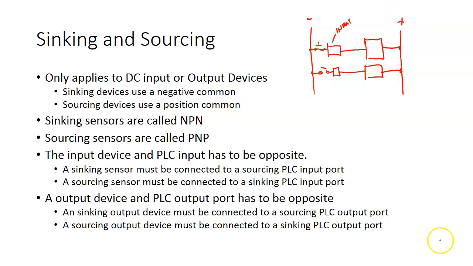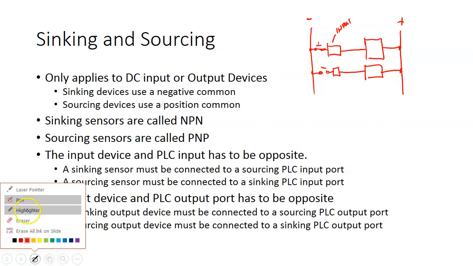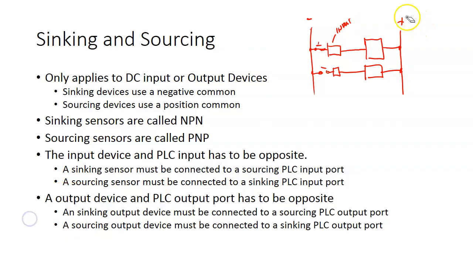This comes into play when you're buying the sensors. This is something you have to know about your PLCs. All the PLCs over here are using a negative common, so that means this over here has to be a positive.